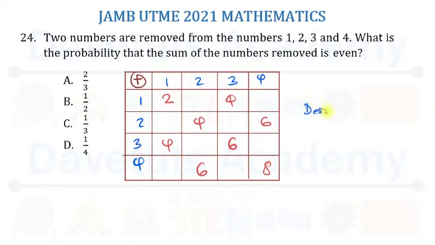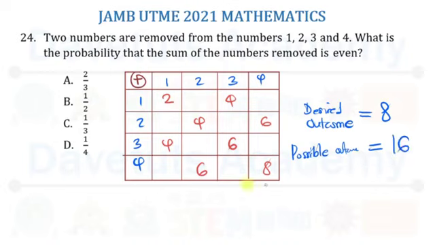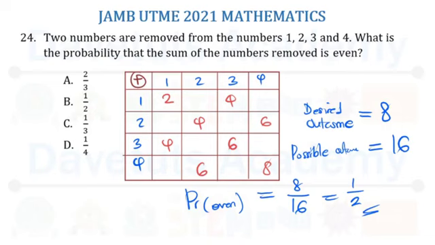So in this particular question, the desired outcome, and that outcome is talking about even numbers, is 8. Our total possible outcomes that we can have, here in this case, is 4 times 4, that is 16. So the probability of getting an even number is nothing but 8 over 16, and 8 over 16 will be 1 over 2. Lord have mercy.